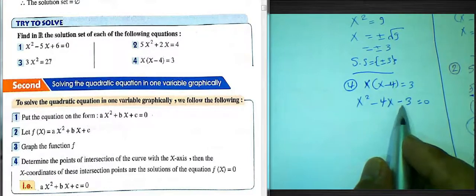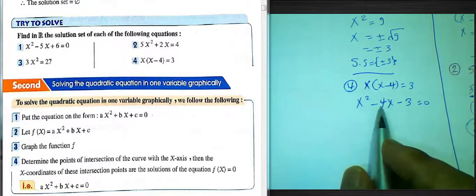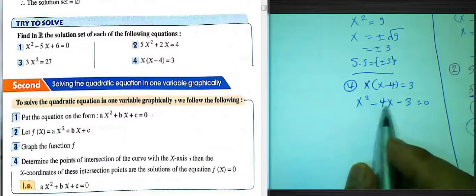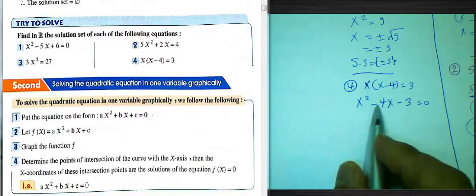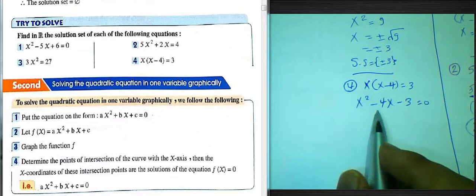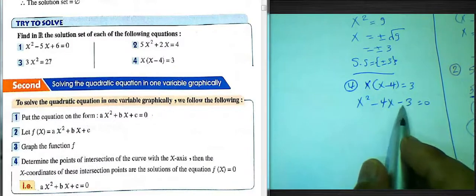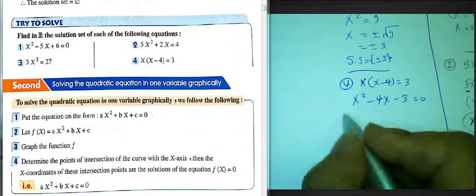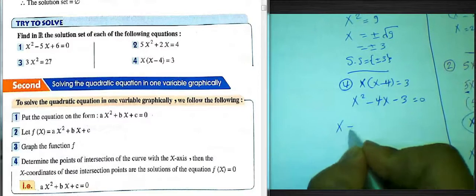If it were positive, we could find 1 and 3, but it is negative, so we must use the second method.